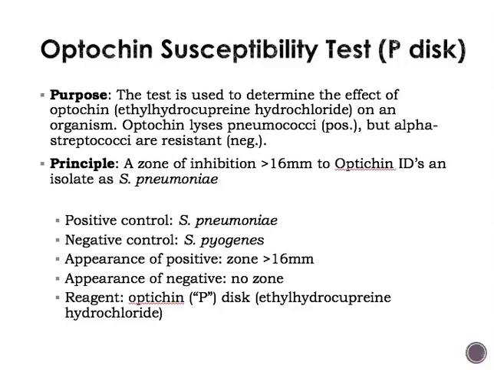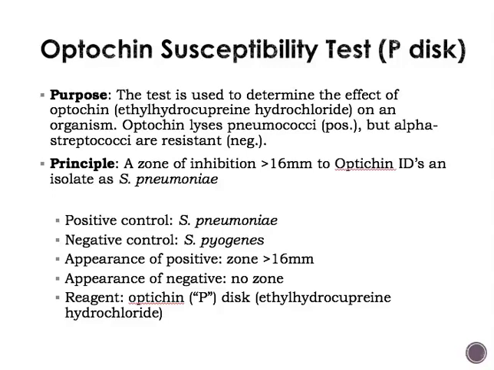So if you suspect a certain isolate recovered from a culture is strep pneumo, you could perform a P-disc to confirm that. The test is used to determine the effect of optochin, and the reagent in that test is ethyl hydrocupreine hydrochloride.